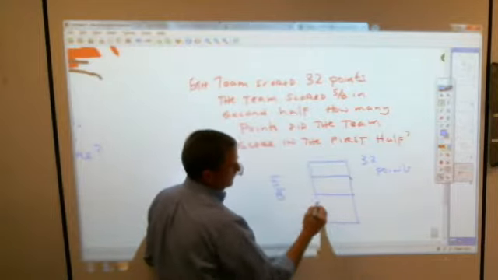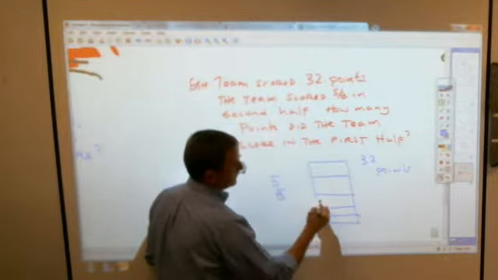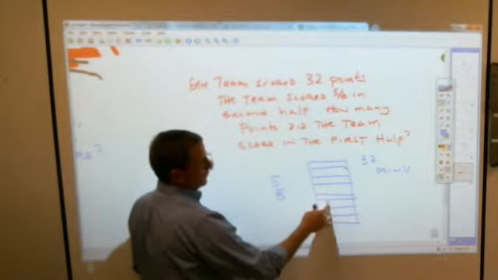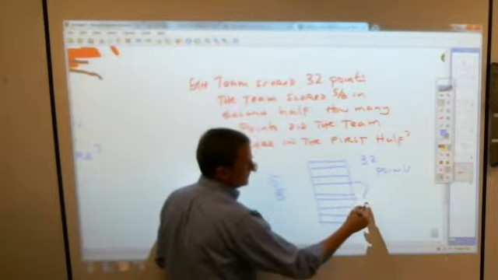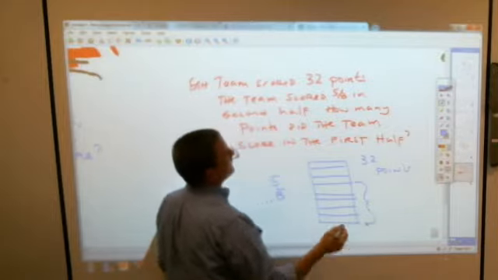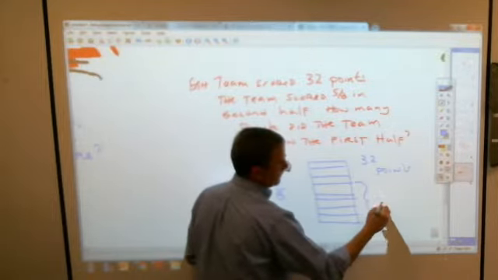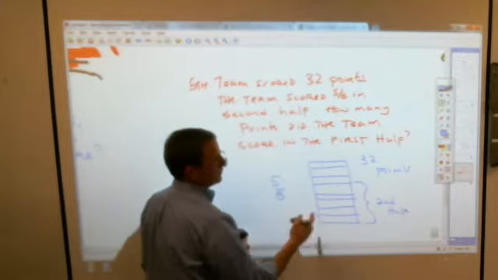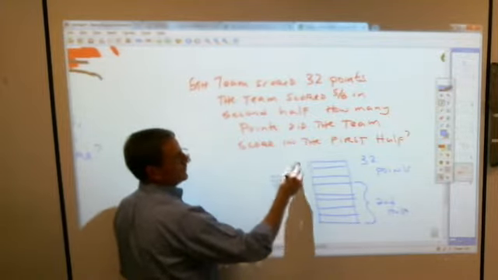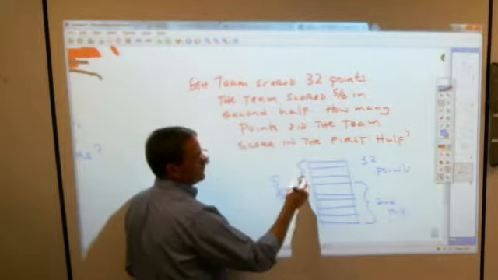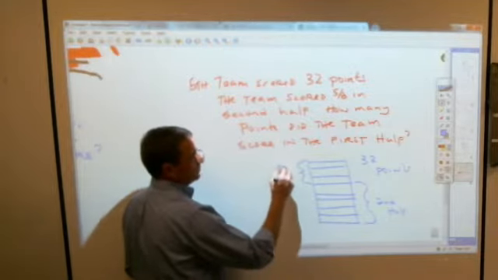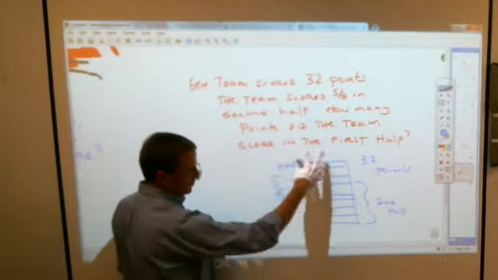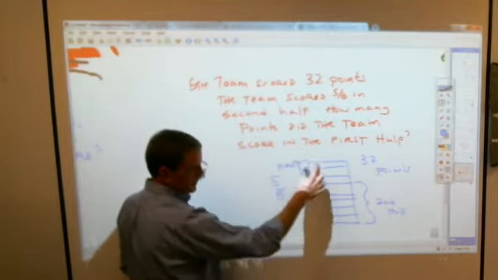If 5/8 were scored in the second half, you know that the rest, the other 3, had to be scored in the first half, right? So there's 2 ways you could do this. You could say 3/8 of this number, or you could do it with the 5/8 and then just look to see how many are in the rest.